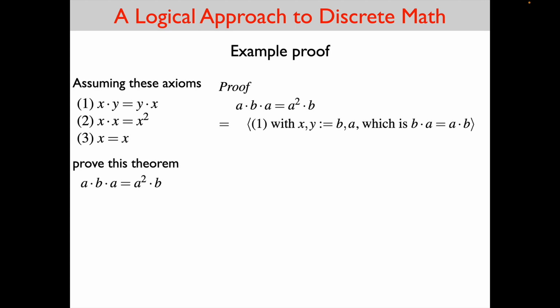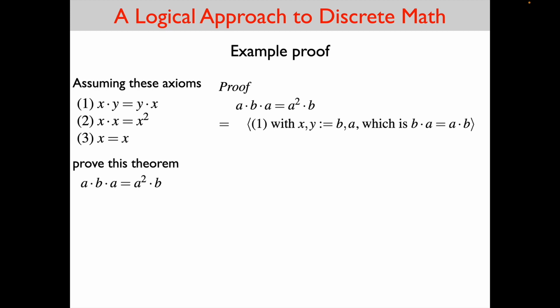Now that we know how to do textual substitution, suppose I asked you to write down axiom number 1 with x comma y replaced by b comma a. Well, everywhere there's an x, you would replace it with b, and everywhere there is a y, you would replace it with a. And if you do that, you get b times a equals a times b, right? Is everybody with me on this?